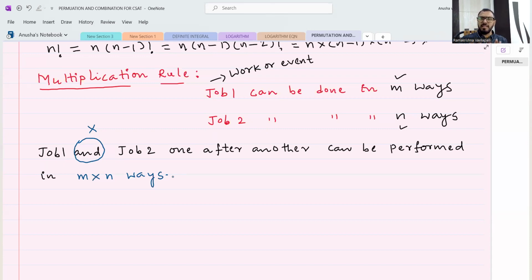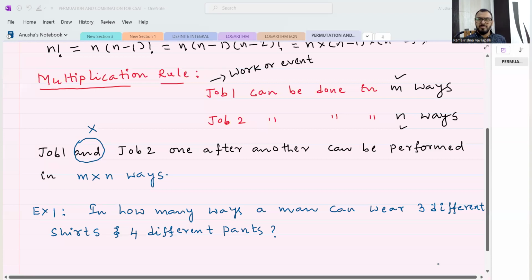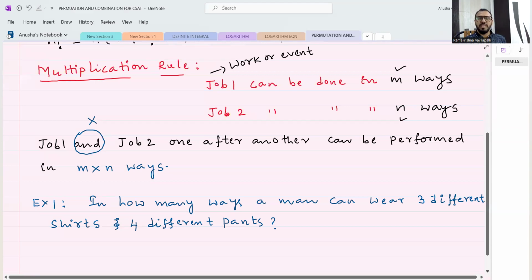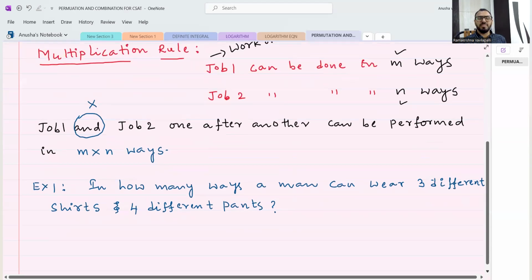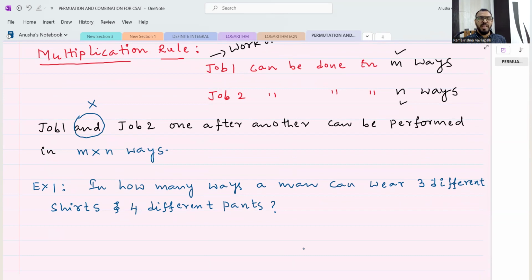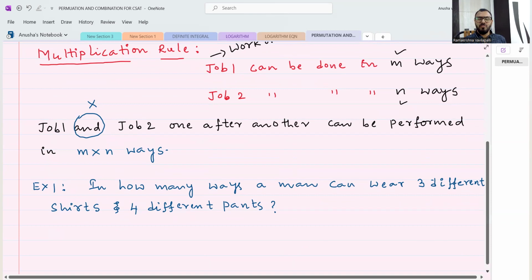Now together, these 2 jobs can be done in 3 into 4, that's equal to 12 ways. I'll write that example. So here is the question: in how many ways can a man wear 3 different shirts and 4 different pants, right?